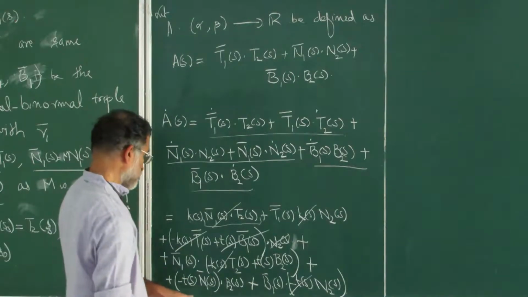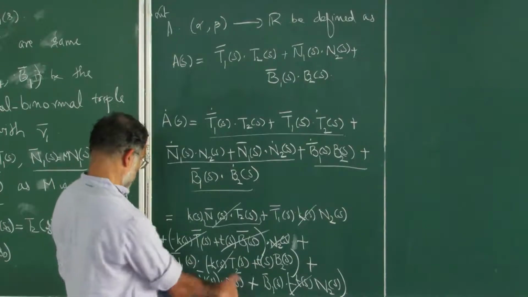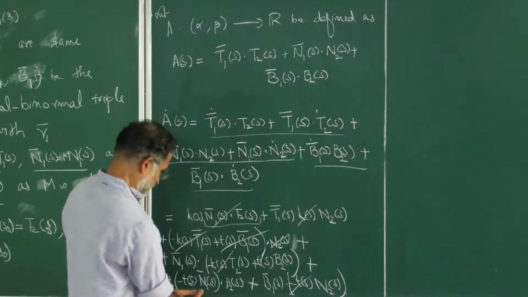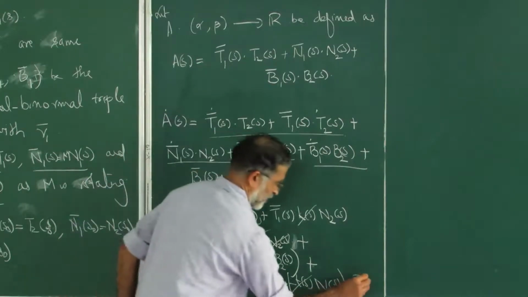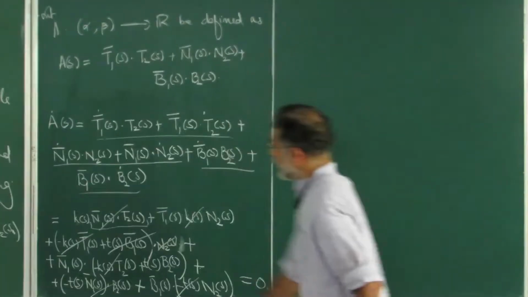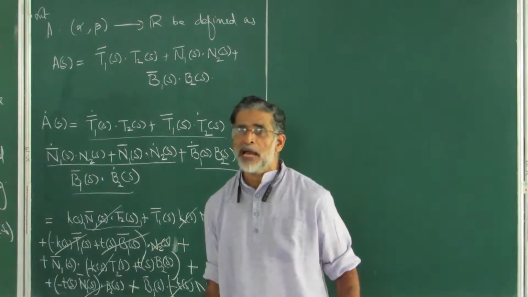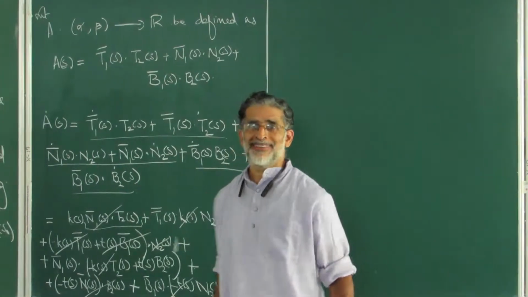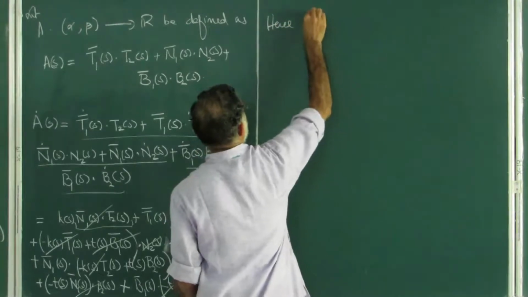Where is the last one? Oh no, here. N1 bar B2. That is N1 bar B2 with minus Ts here plus Ts here. So everything cancels. Therefore, the derivative of A is 0. That means A has to be a constant. So hence, that's what I said, it's a trick.